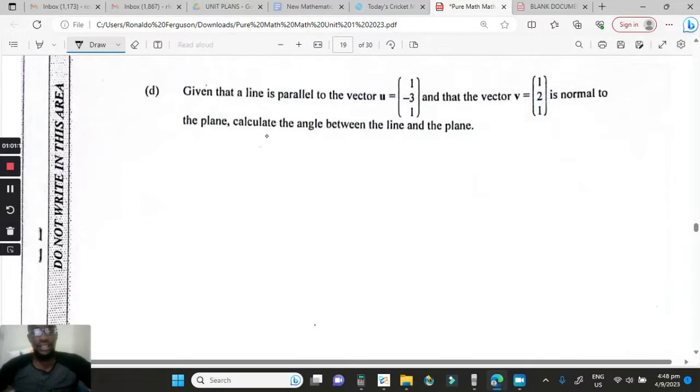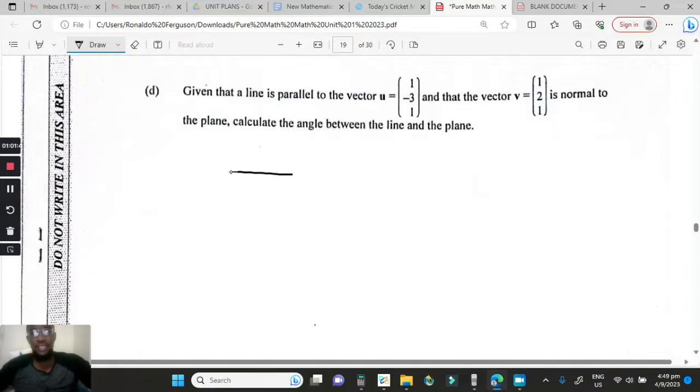Remember they told us that the line is parallel to vector u, so the line is also going in this direction, and the vector v is normal to the plane.